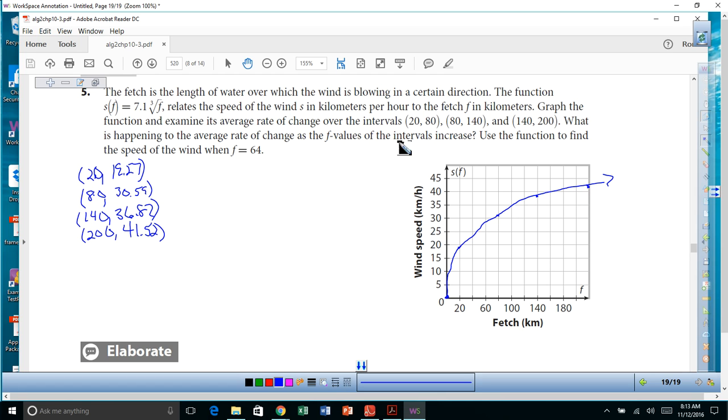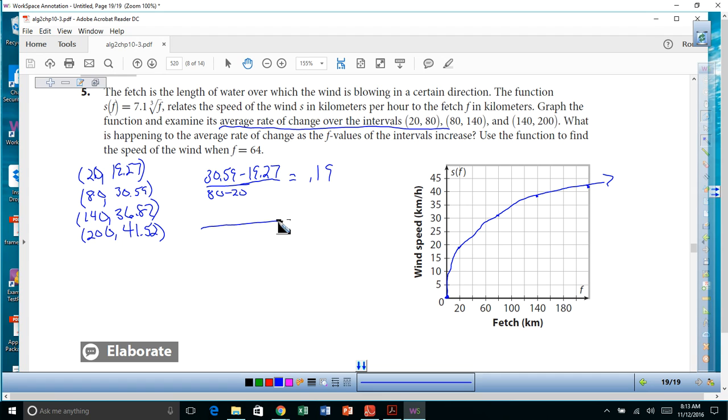Now, it wanted to know the average rate of change over these intervals. So we're going to have 80 minus 20 in the denominator, and that's going to put 30.59 minus 19.27 in the numerator, and that gives me 0.19. So that's that average rate of change.